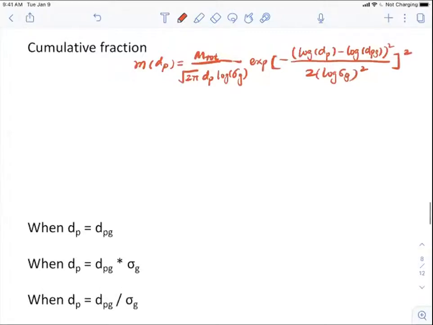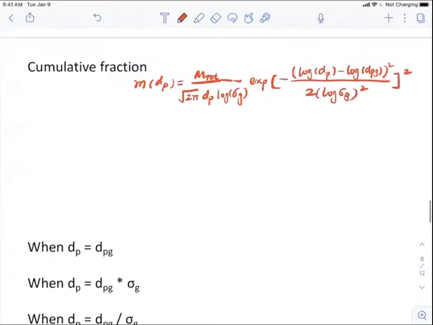Okay, so this is the size distribution that we discussed.